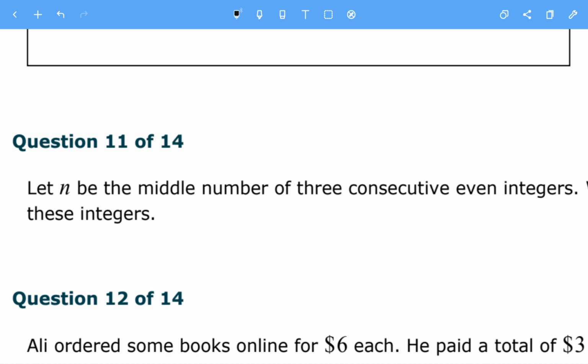Alrighty, number 11. This one's a little tricky. Let n be the middle number of 3 consecutive even integers. So remember, even is anything divisible by 2. So n is our middle number.